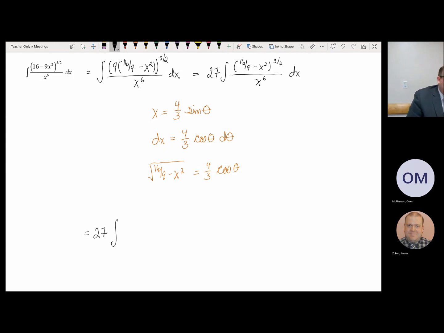27 times the antiderivative of 16 over 9 minus x squared to the 3/2 power. Is that not the same as the square root of 16/9 minus x squared all cubed? So it's going to be 4/3 cubed times cosine cubed of theta.